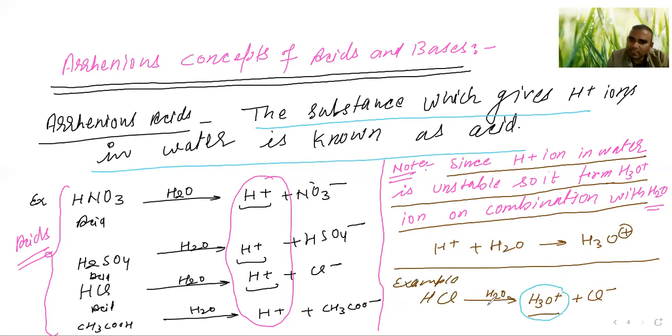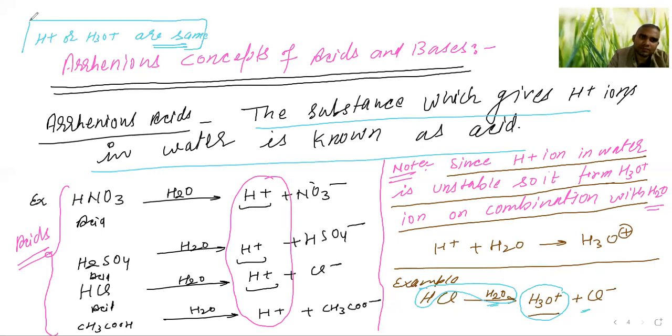So I will tell you, water is there and H plus is there. This H plus and this H2O combine to give H3O plus and Cl minus. So H plus or H3O plus are the same. Understood?